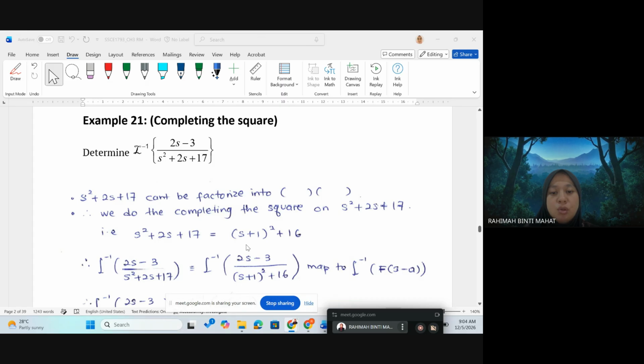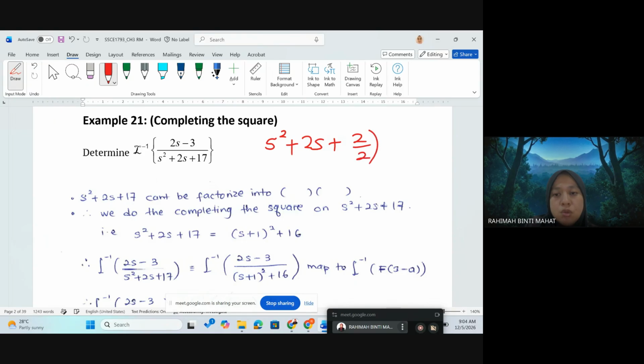So you will get s plus 1 squared plus 16. From that formula, you have s squared plus 2s, where b is 2, so b over 2 squared, minus 1, plus 17.